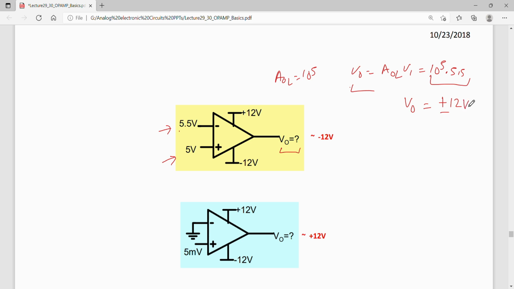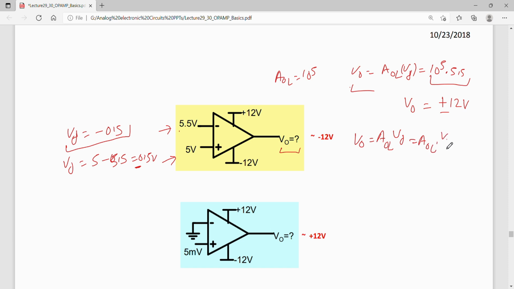Since the differential input VD is 5 minus 5.5, that is minus 0.5 volt, negative, the output should also be negative. In fact, I should write this as a differential input. So V0 will be equal to the open loop gain multiplied by the differential input, which is V1 minus V2.